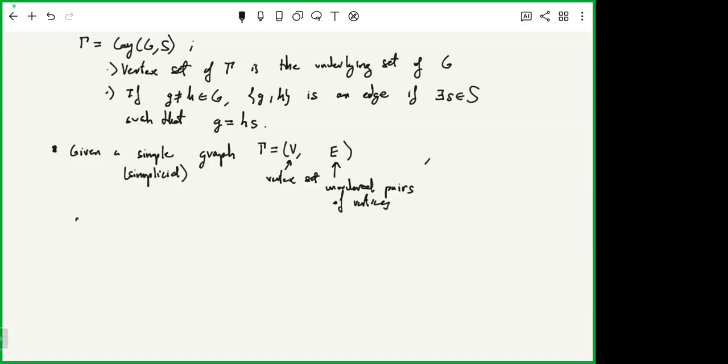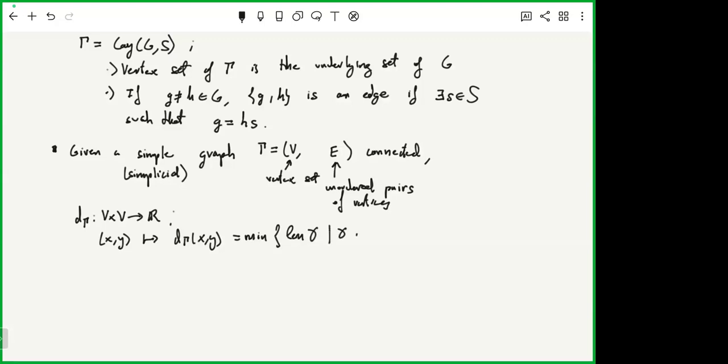This distance is the minimum of the lengths of paths joining two points X and Y. I will assume this graph to be connected, otherwise this distance can be infinite.